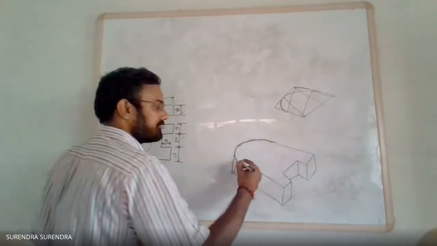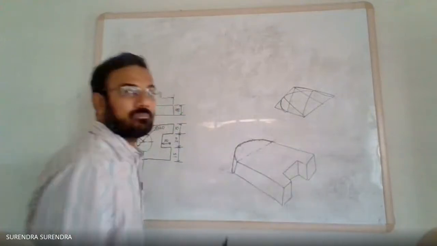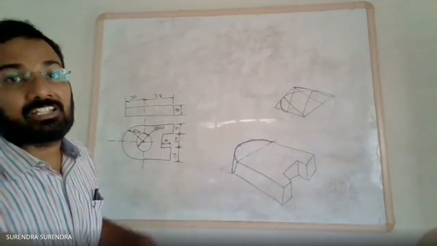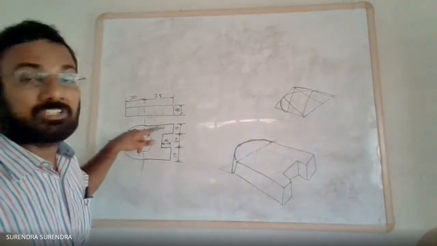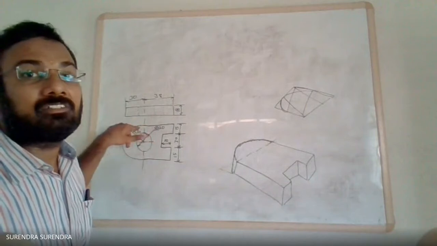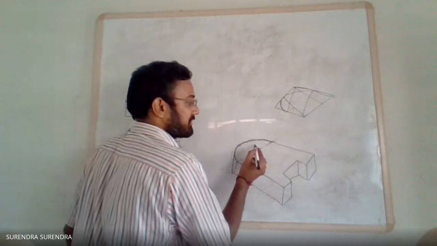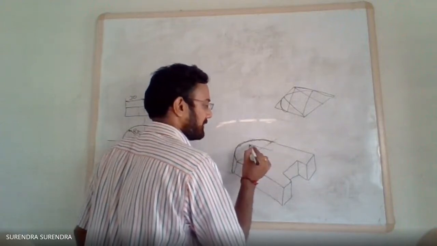Now, based on this center line, one more circle, with 30 mm diameter. Construct it again, repeating the same process.